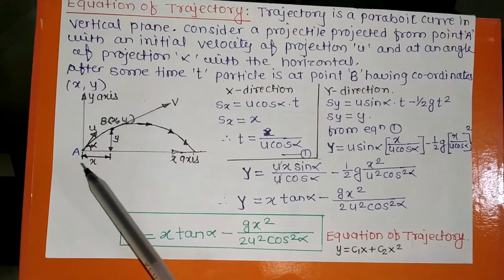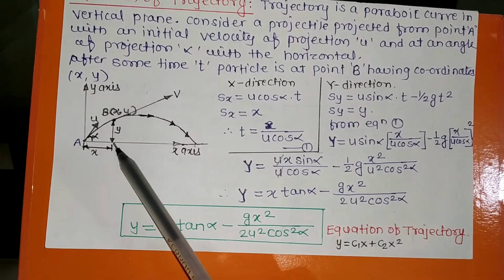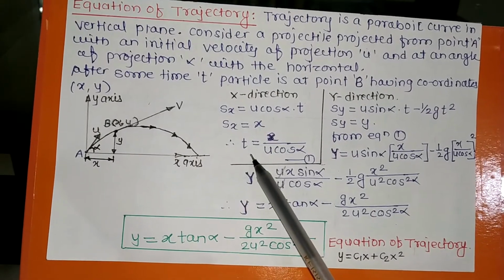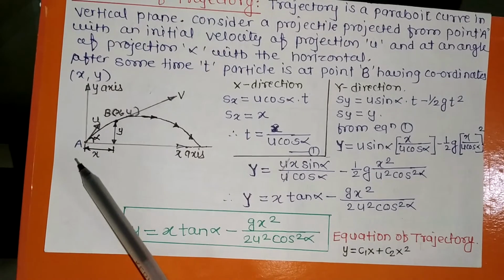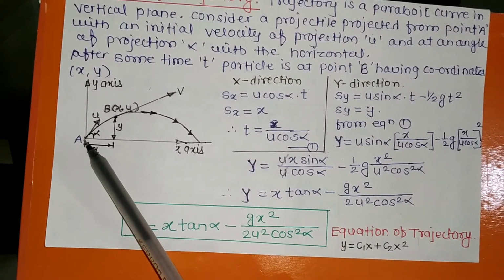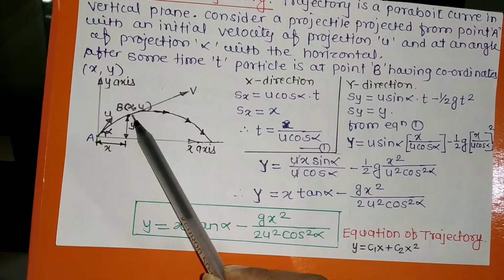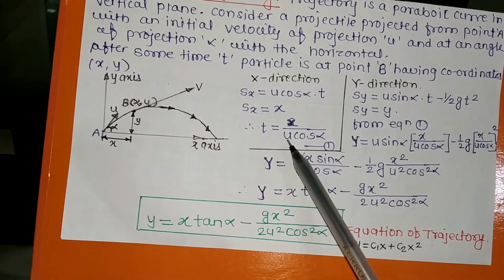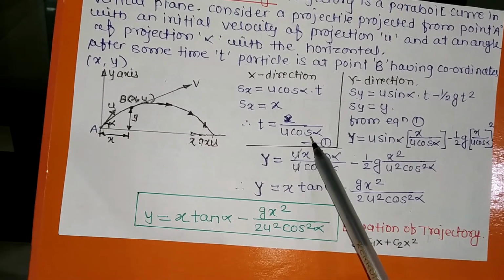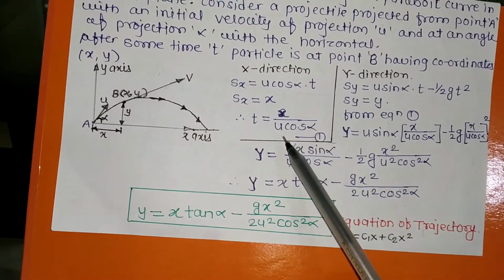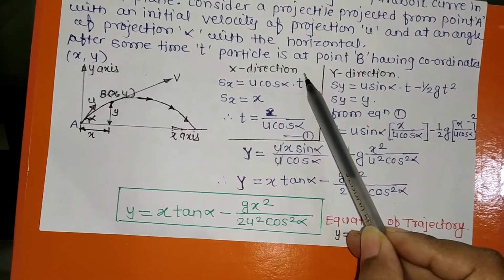Therefore, Sx is the horizontal distance between the points A and B. The time of flight t, the time taken by the particle from A to B, will be x upon u cos alpha. So with this, we have defined the motion of the particle along x direction.